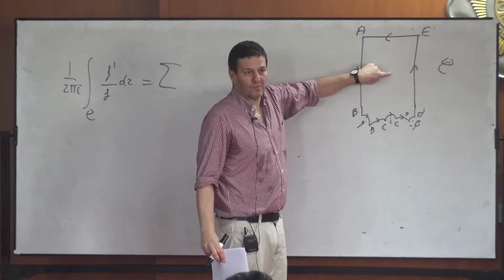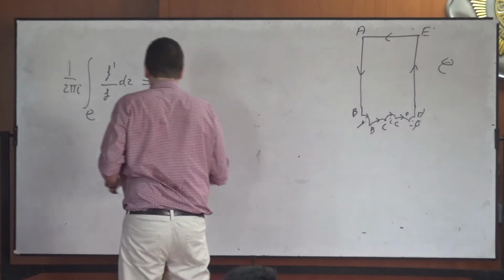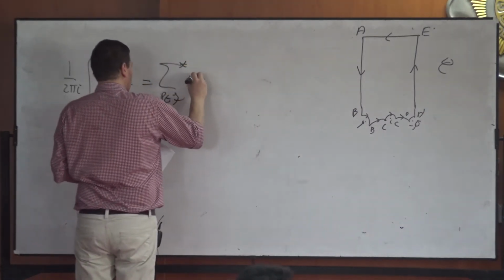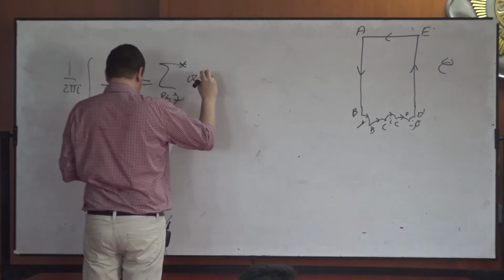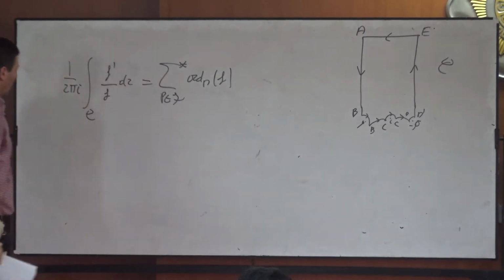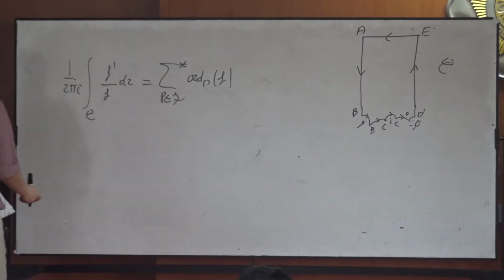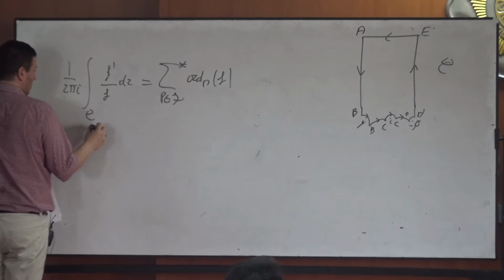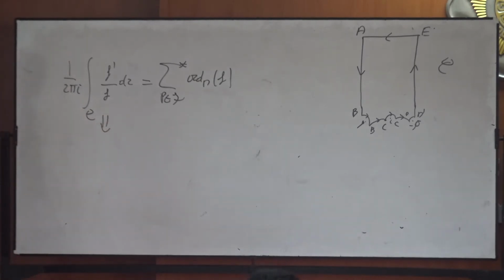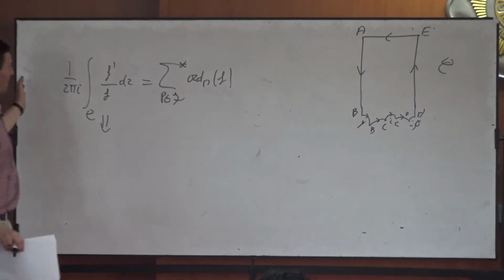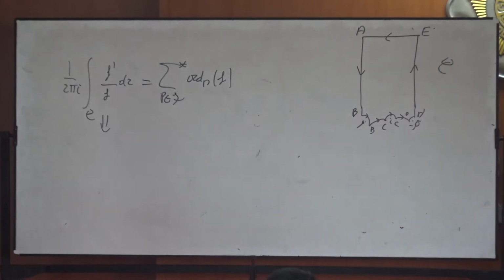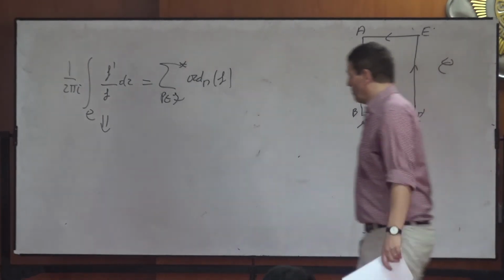Correct? So we get just the sum over p in F star of the order of p of f. So the idea is we have to compute this side. If we compute this side, then we can equate the two, and if the left side can be expressed in terms of this guy, we get the solution.